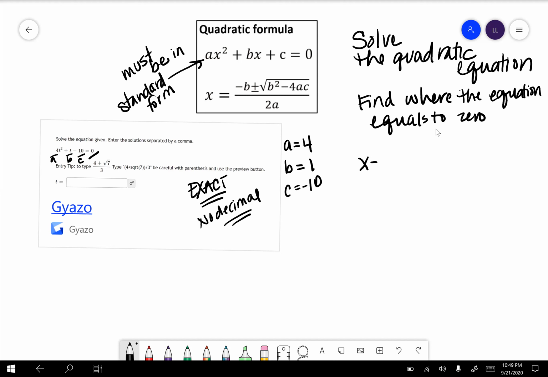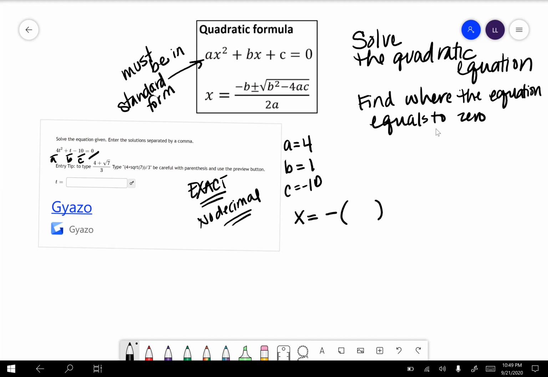X is equal to -b plus or minus the square root of b squared minus 4ac, all over 2a. I'm going to put parentheses in the location of everything that I need to plug in. We need to talk about that plus or minus.